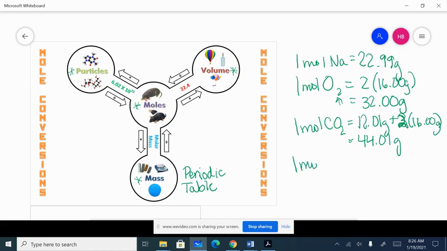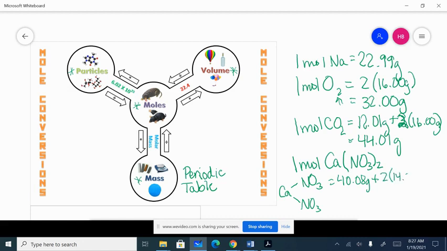Let's do something a little bit more complicated. How about 1 mole of calcium nitrate? Now let's clarify. This is actually calcium with 2 nitrates, like such. So this 2 belongs to, you distribute it out to the nitrogen and the oxygen. So I have 1 calcium at 40.08. I have 2 nitrogens at 14.01.